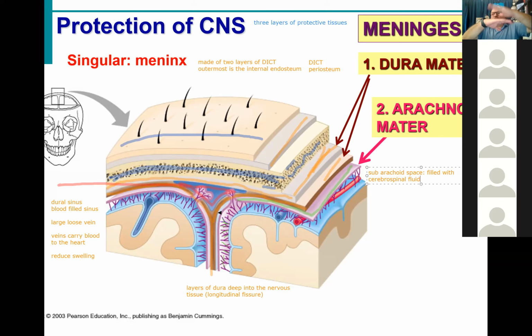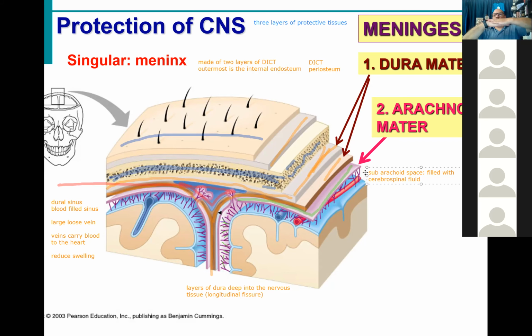Notice the dura mater sits right on top of the arachnoid mater. As we've talked about before, when I put my two hands together, do they become just one structure? No. But there really isn't anything between them. Does anybody remember what we called that? Potential space. Yeah, potential space. Notice here, we have a potential space between my hands.